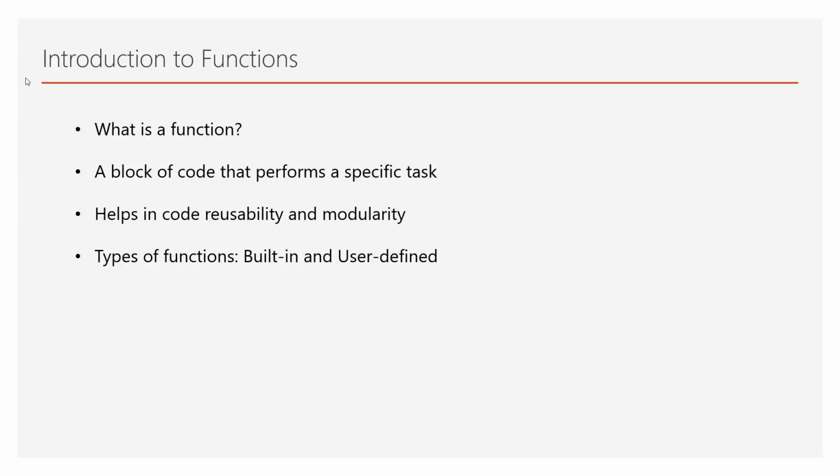Functions are reusable pieces of code that allow us to avoid repetition and improve program structure. Python has many built-in functions like print, len, type, but we can also create our own functions, as I told you, to perform customized tasks.